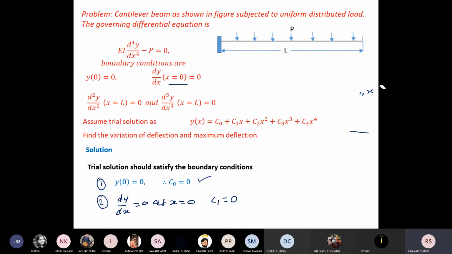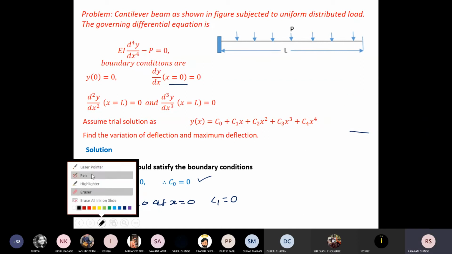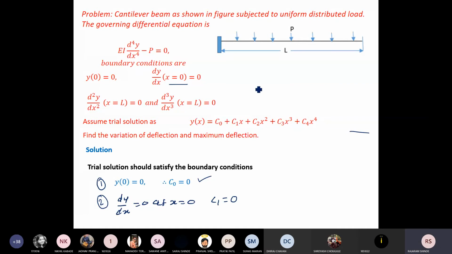Putting C0 and C1 as 0, I get y as a function of x equals C2 x square plus C3 x cube plus C4 x raised to 4.